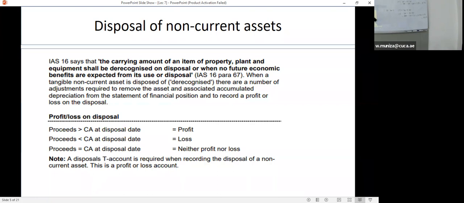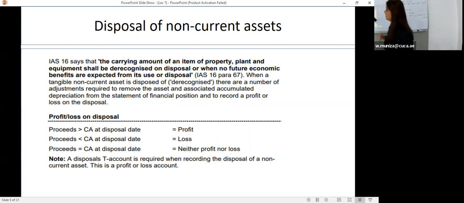If the carrying value of an asset is more than the sale value, it is loss. When the carrying value of an asset is lesser than the sale value of an asset, it's profit. When they are equal, it's no profit, no loss. Clear? हम लोगों को ये कंपेयर करना है. Carrying value क्या है? Cost minus accumulated depreciation.